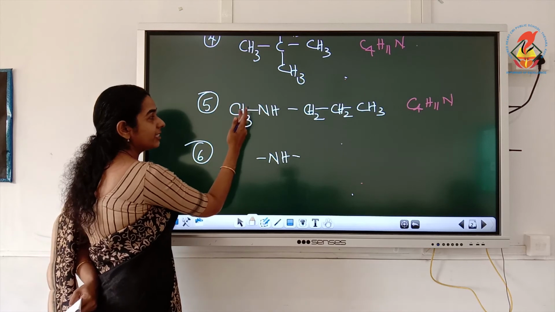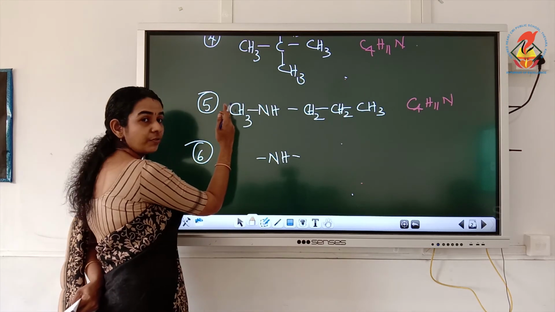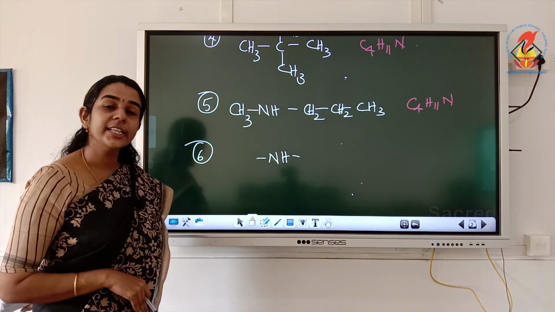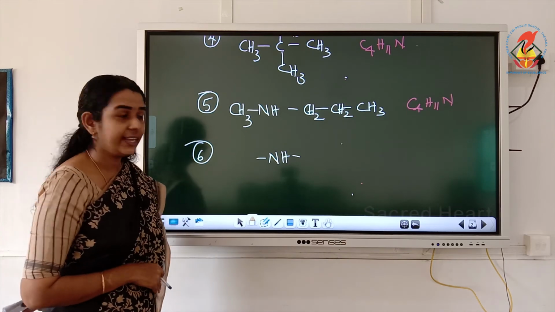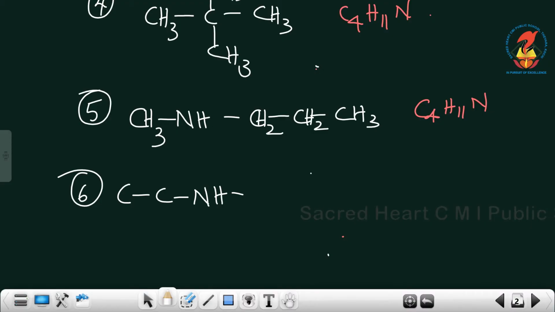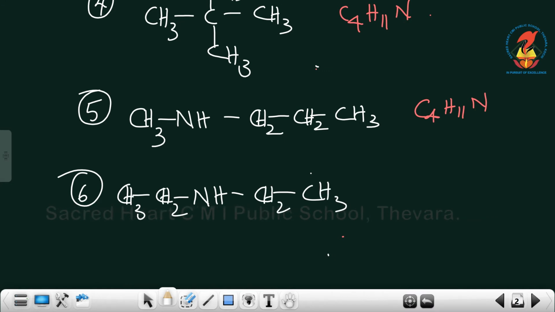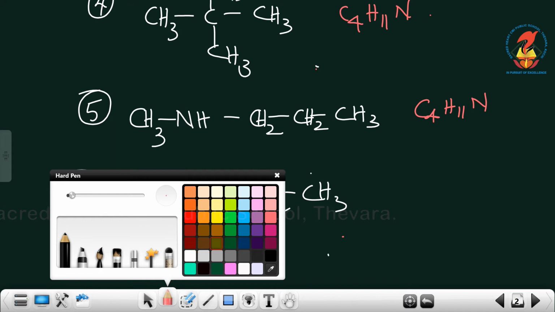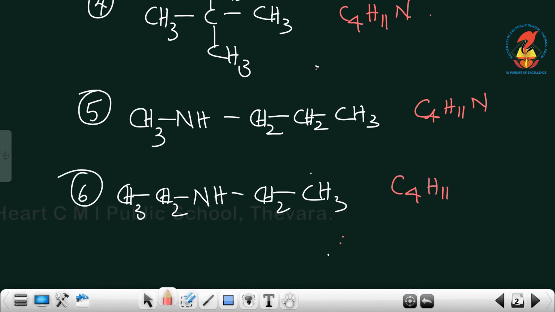In the first case we gave 1 carbon on one side and 3 carbon atoms on the other side. The next possibility is 2 carbon on one side and 2 carbon on the other side. So we get CH3, CH2, NH, CH2, CH3. Again the molecular formula is C4H11N. Another structural isomer of this compound with molecular formula C4H11N.